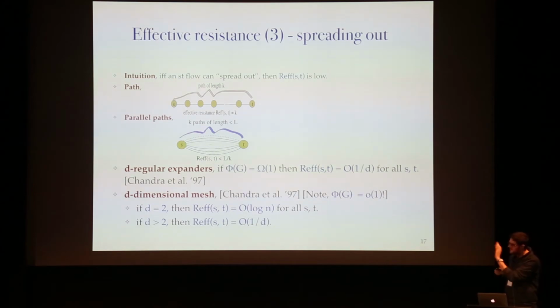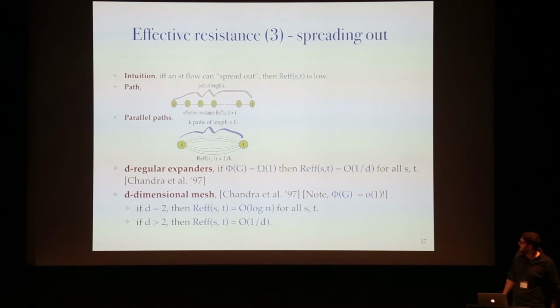For a path, this is not the case. Every edge has large flow. So for the endpoints of a path, I have very large effective resistance. For parallel paths, I can spread out comparably nicer, so the effective resistance you get is relatively better. For a d-regular expander, as I mentioned before, the effective resistance is order 1 over d for every pair of vertices.